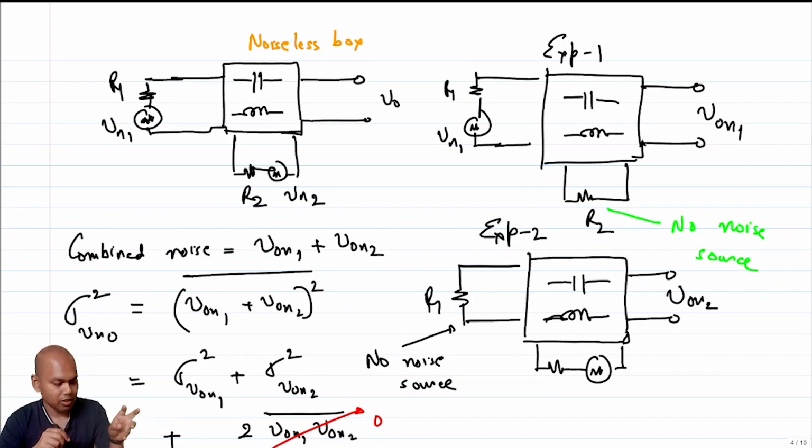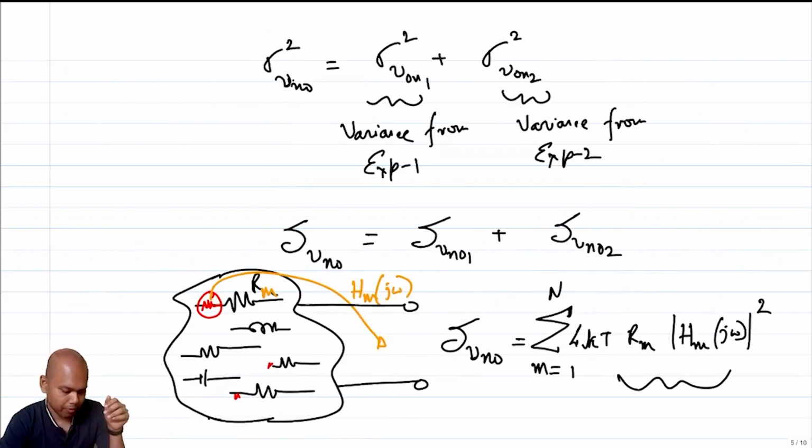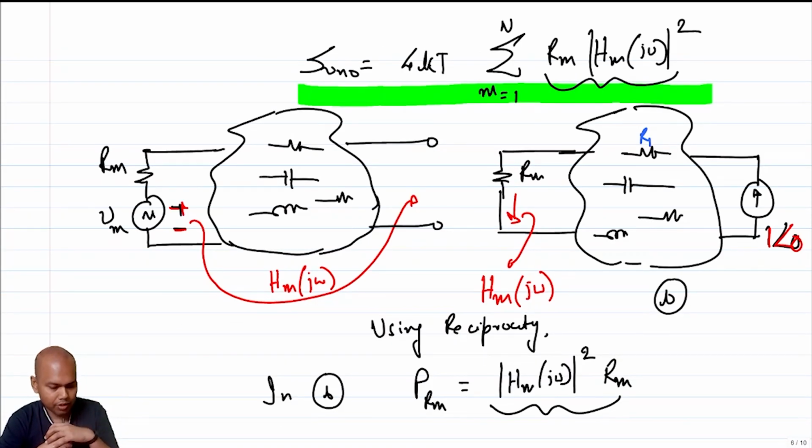I can find the noise transfer function from each of these noise sources to the output, and sum them up as if the others were noiseless, and that will give us our total noise spectral density. But that is also a very tedious thing to do if we have a significantly large number of noise sources. Then we looked into a way, which Nyquist did for us 100 years back.